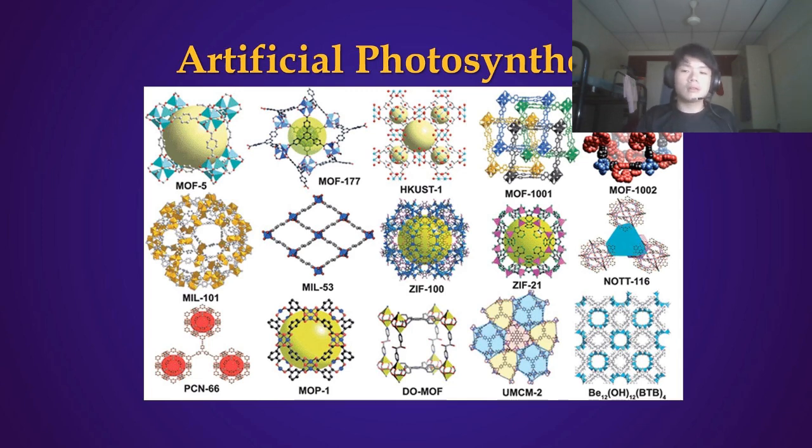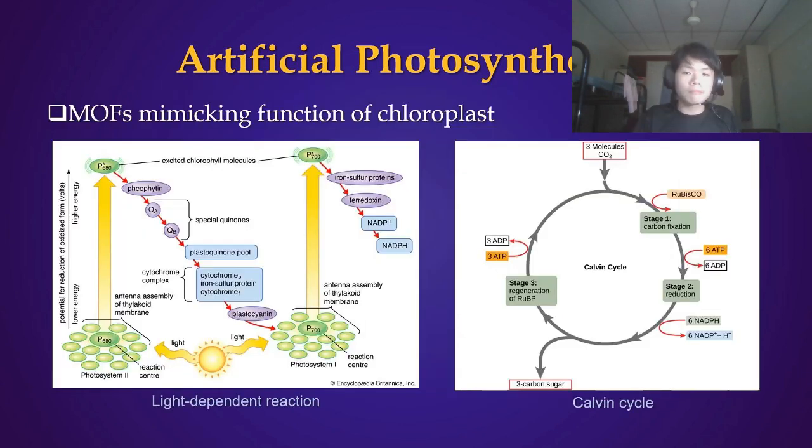They found that shining light radiation onto the material will excite electrons and result in an electron transfer. Exciting electrons means to increase the energy in electrons. The process of electron transfer is what chlorophyll does.